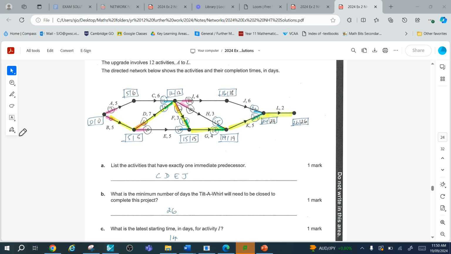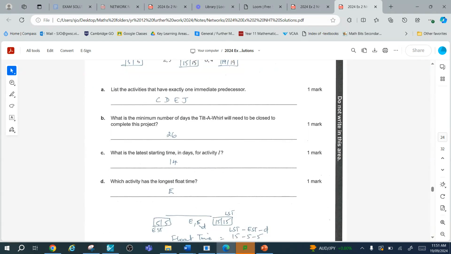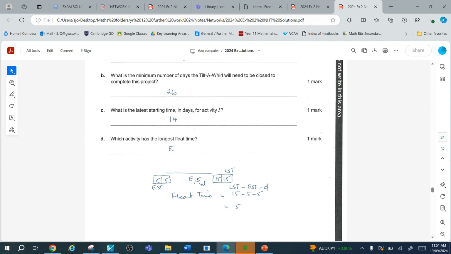Therefore, 10 take away 5 is a float time of 5 days. Otherwise, we do the latest at the end of the edge minus the earliest at the beginning of the edge minus the duration. So 15 take away 5 is 5 days. And that is the activity with the longest float time, which I have also indicated over here.